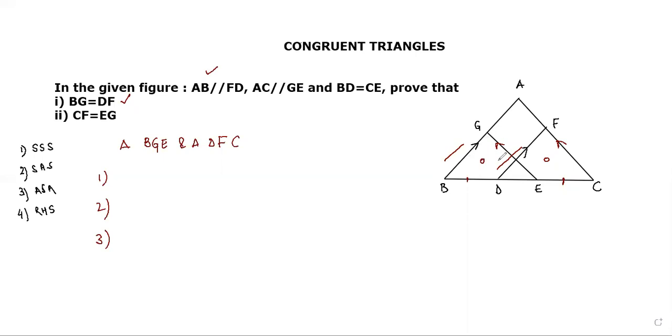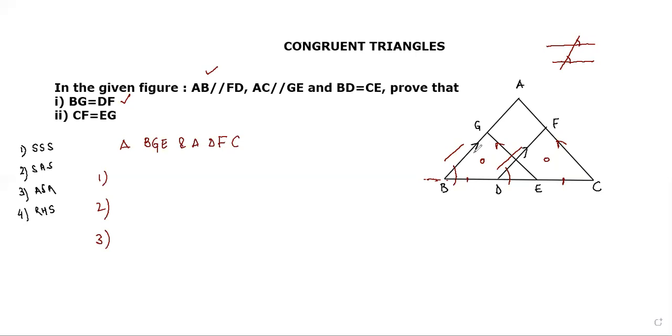If these two lines are parallel and there is a transversal line cutting the two parallel lines, then you can very clearly say that this angle is equal to this angle. Why? You know that in two parallel lines, when there is a transversal line, this angle is equal to this angle. These are called corresponding angles and hence they are equal.